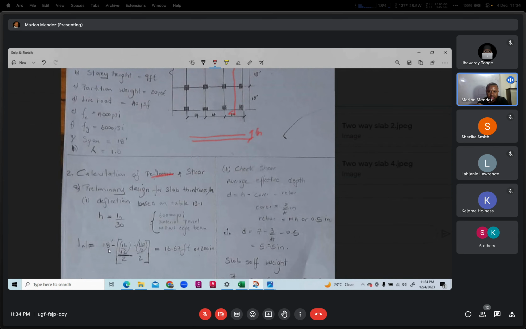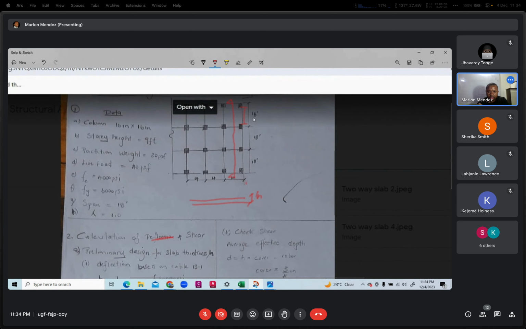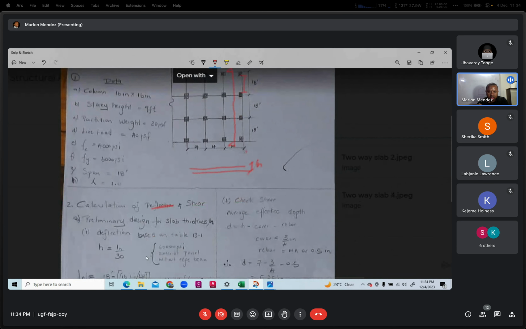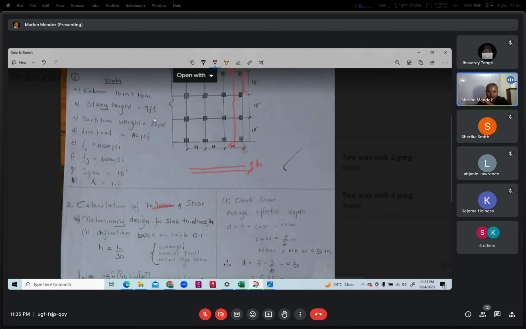How do you find the clear distance? In this case, it was 18. So if you have 18 minus, we already know the column dimension. Because this is in feet, we convert all of this to feet by dividing by 12.